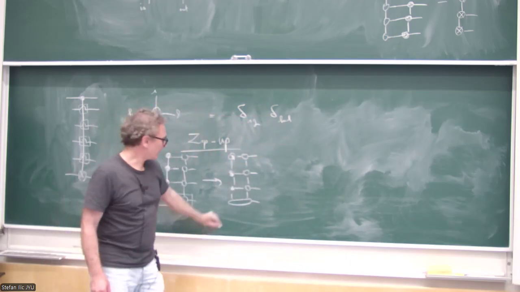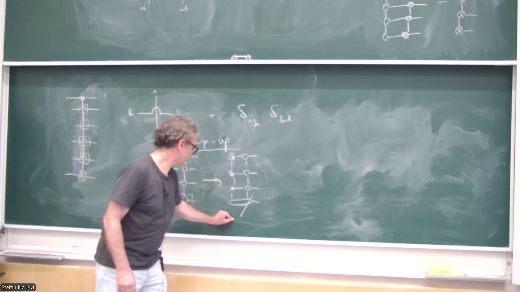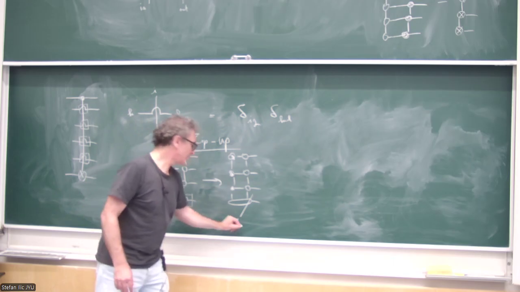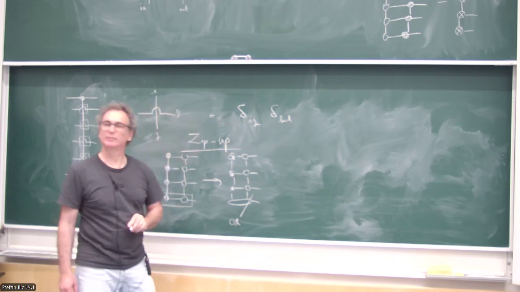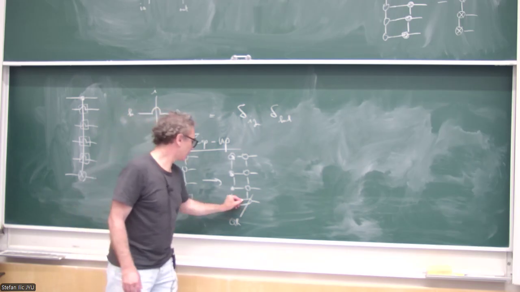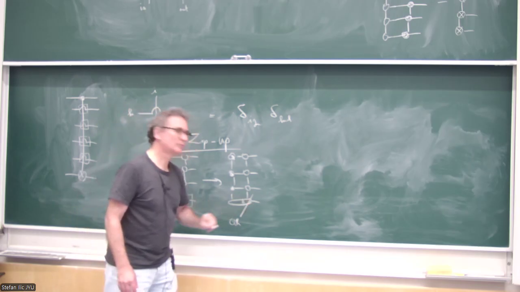Then I'm going to split here using QR, and I put the R here and the Q here.